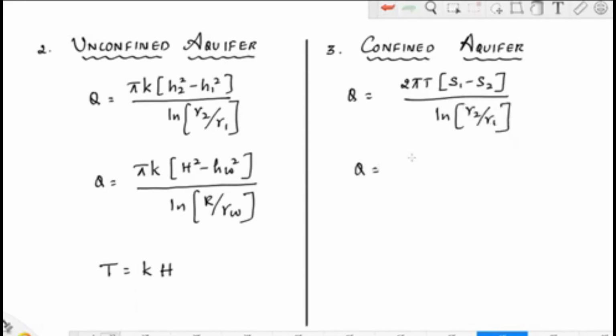Q is equal to 2 pi T SW divided by ln of capital R divided by RW. T is equal to K into B. So these are confined aquifer formulae which are important from exam point of view.